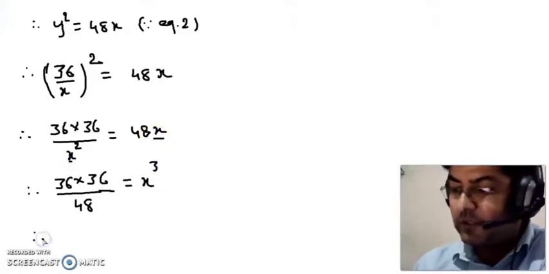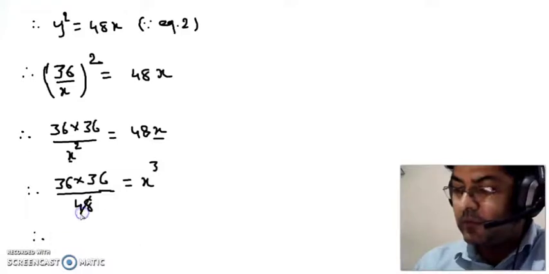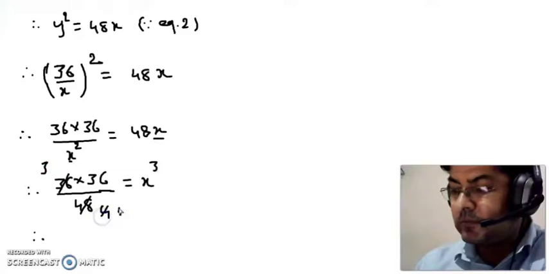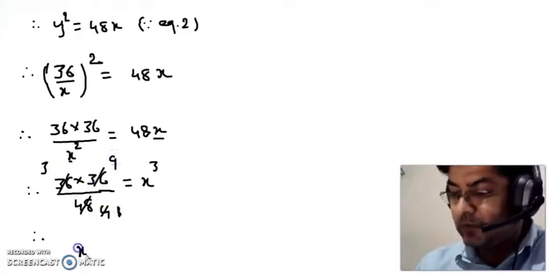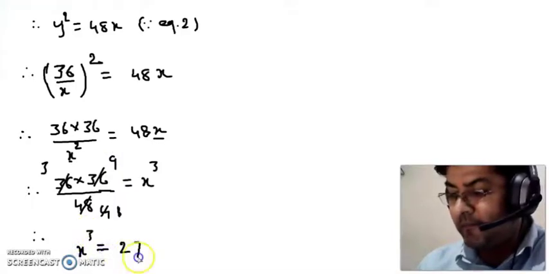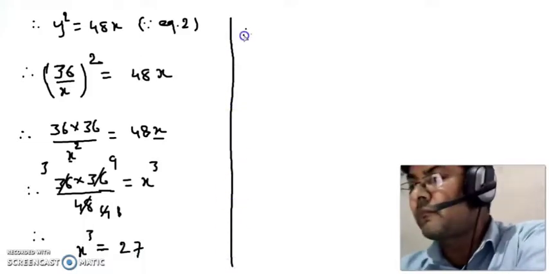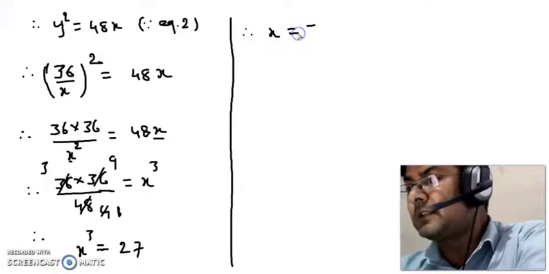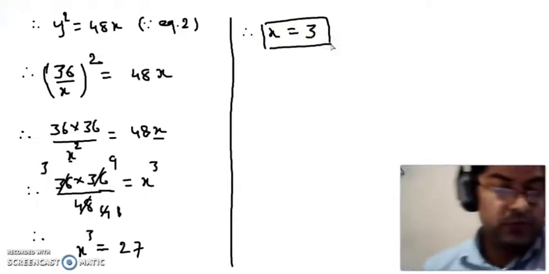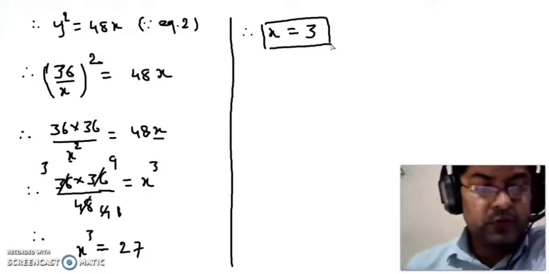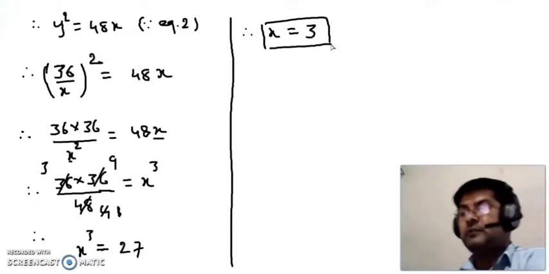Now we can reduce by 12. 12 4s are 48, 12 3s are 36, 4 1s are 4, 4 9s are 36, and therefore x cube is equal to 9 3s are 27, and therefore x is equal to 3. So we got the value of x.